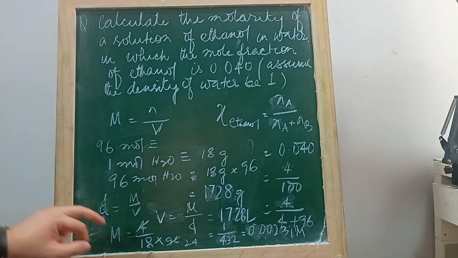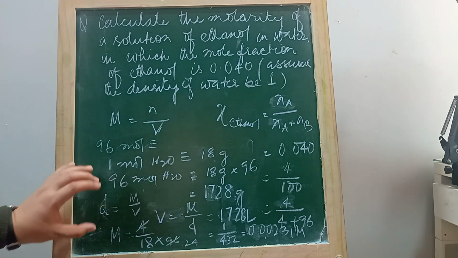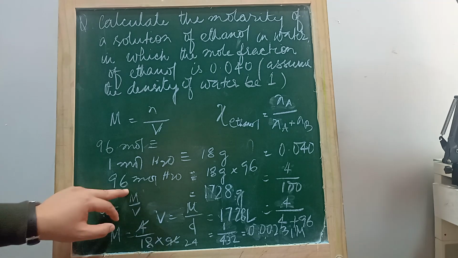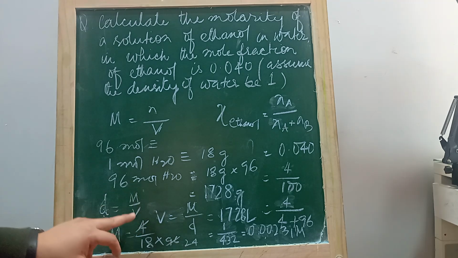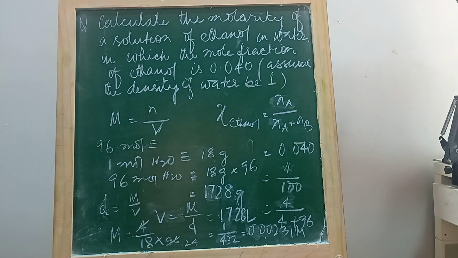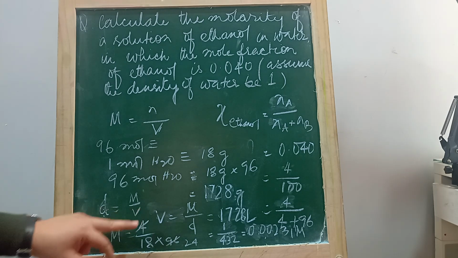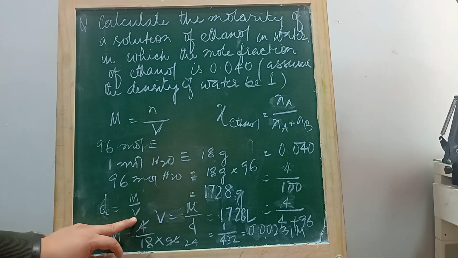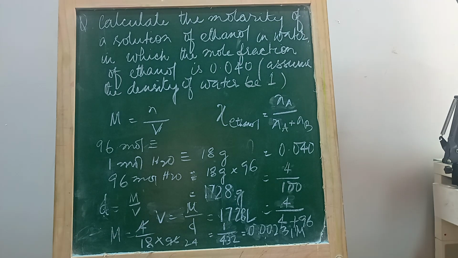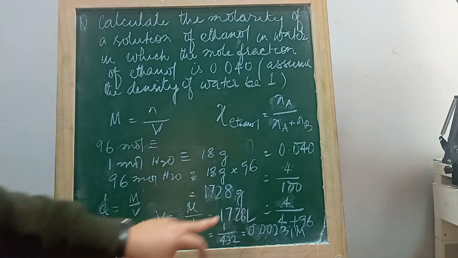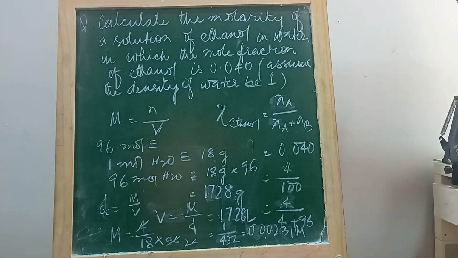Density is equal to m by v. This is a general relationship between density, mass, and volume of a substance. We divide the mass by the volume and we get the density. Now, if you want to find the volume, we have to divide mass by density. And what is the mass? 1728 grams, and density is 1.